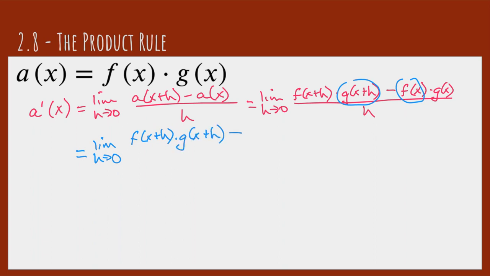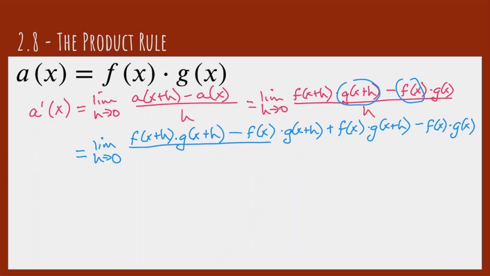But then I'm going to subtract f of x times g of x plus h. Then I'm going to add that, so I'm going to add f of x times g of x plus h. By subtracting and adding the same thing, I'm not changing the value. And then we have minus f of x times g of x, and all of that is over h.